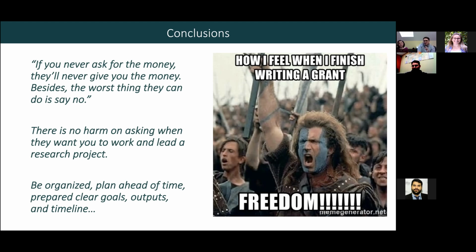If you are approaching people that you have already worked with in the past, it's quite simple, because you can almost just send an email saying, I'm planning to submit this application, maybe in 2 or 3 months, and I would like you to take the lead on the biochemistry side, and you to take the lead on the statistics side, just to have an expert in statistics.